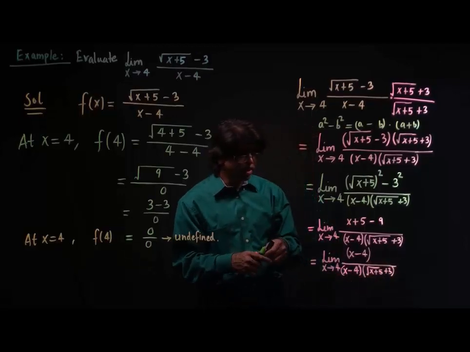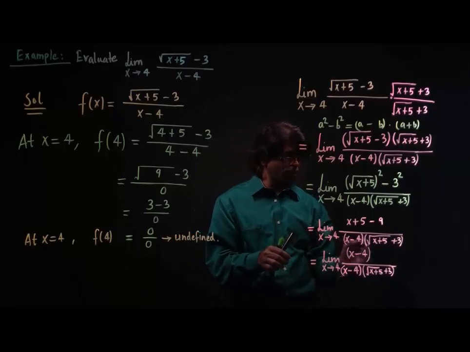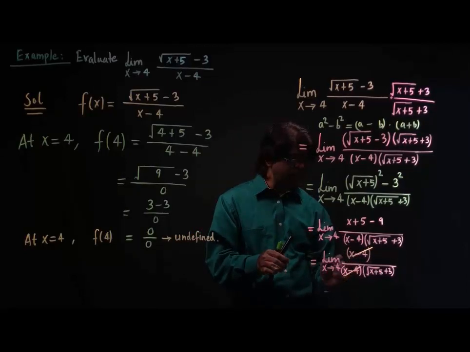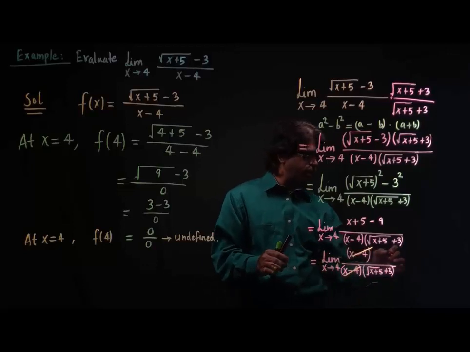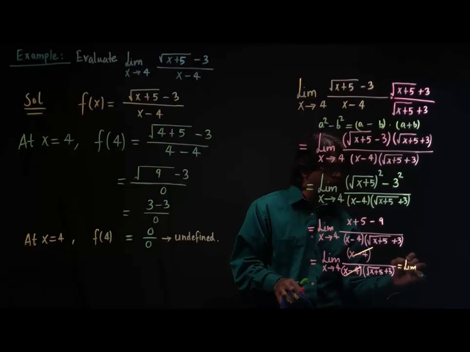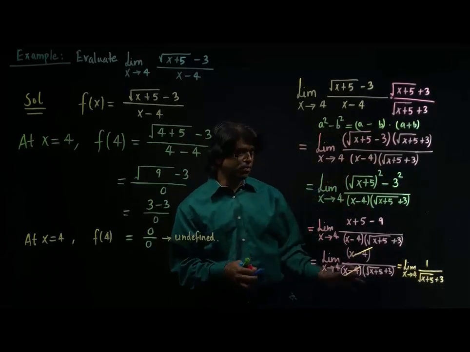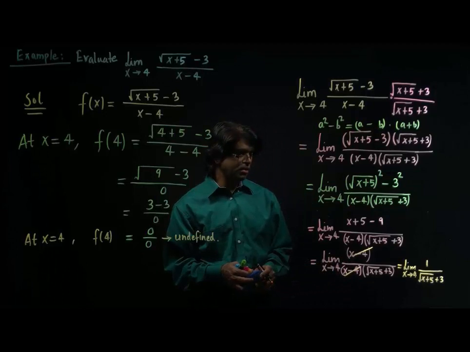Now I can cancel x minus 4 from the numerator as well as the denominator. I am left with the limit as x tends to 4 of 1 over the square root of x plus 5 plus 3. This is my simplified form of the limit.